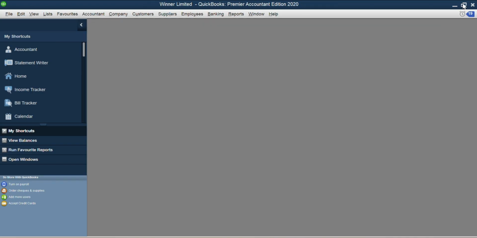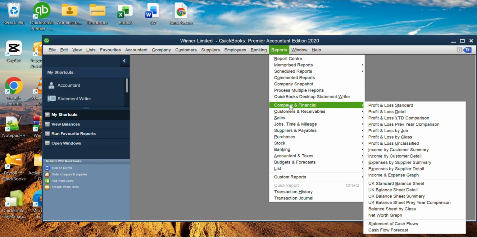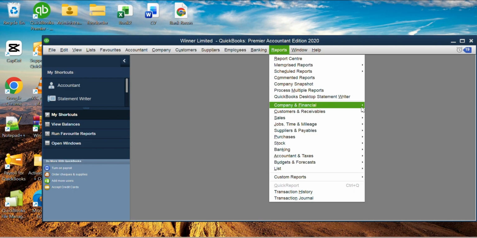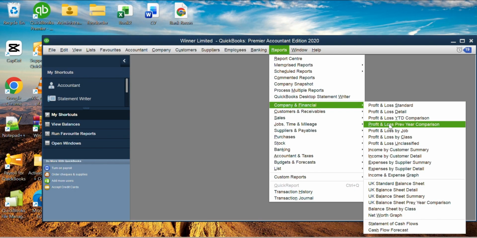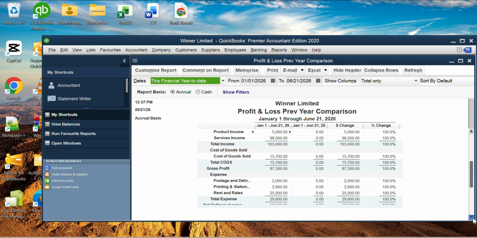If you have 2 years, you can compare the current year and the previous year. You can compare how the expenses have changed, how the sales have changed, the way things have been happening in your business. If you realize that last year you had more sales and this year it's less, you can sit down and discuss what is causing the variance.